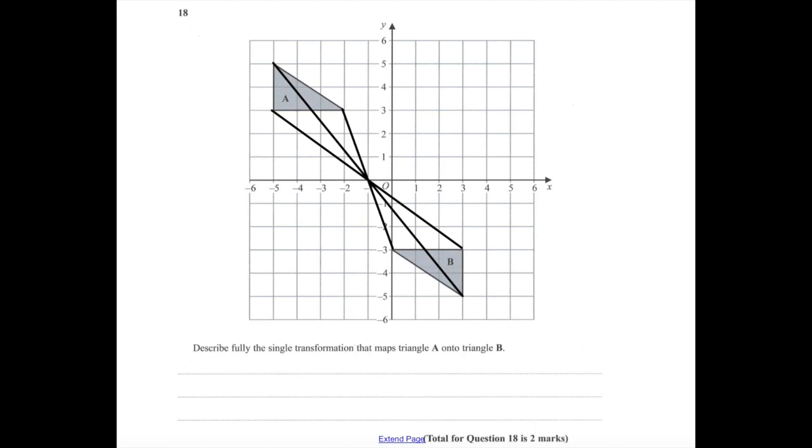So I know that the center of rotation is (-1, 0). So I'm going to rotate it clockwise 180 degrees.